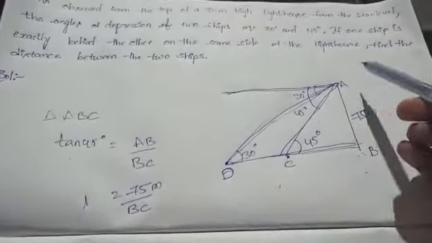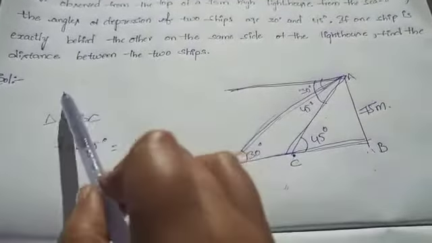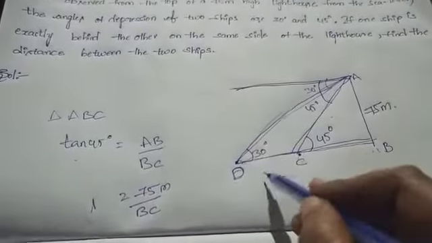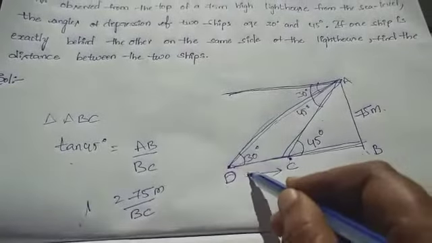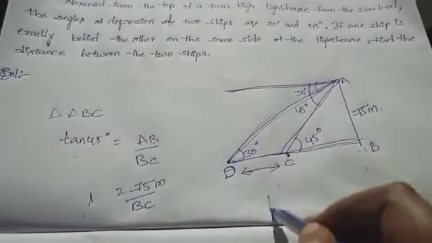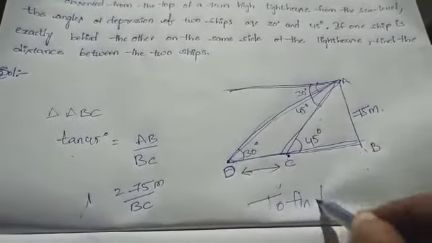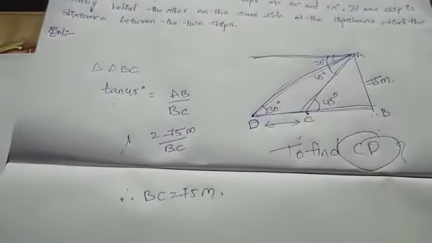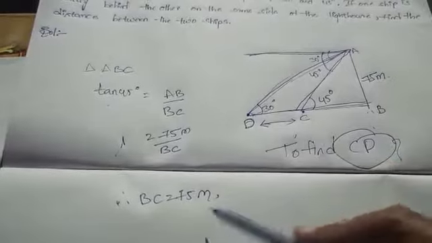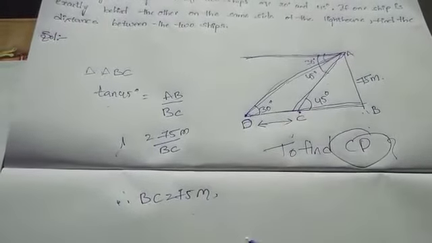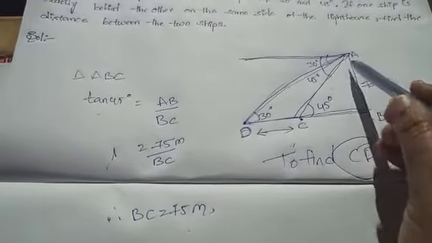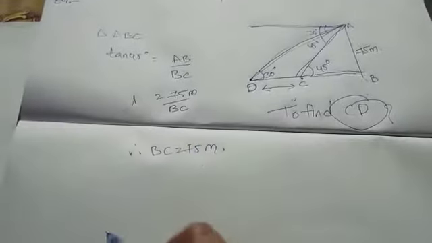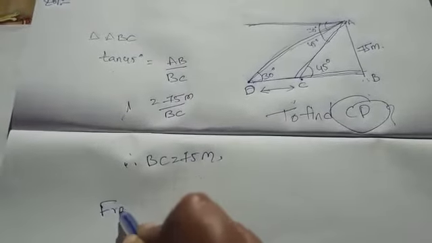Here we have to find the distance between the two ships. To find CD, we know BC equals 75 meters. See, ABD is a right angle triangle.